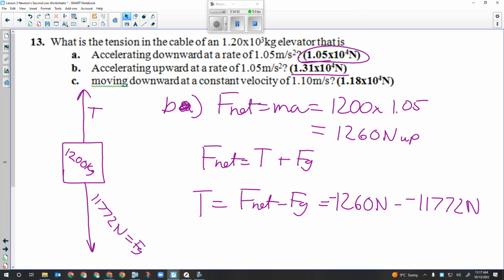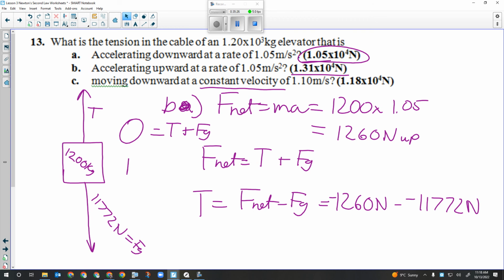Now, for part C, here's the trick. The constant velocity. Anytime I see those words, F net is 0. I have to be on the lookout for those words because they come up a lot during these kinds of problems. If it's traveling at a constant velocity, that means 0 equals tension plus the force of gravity.